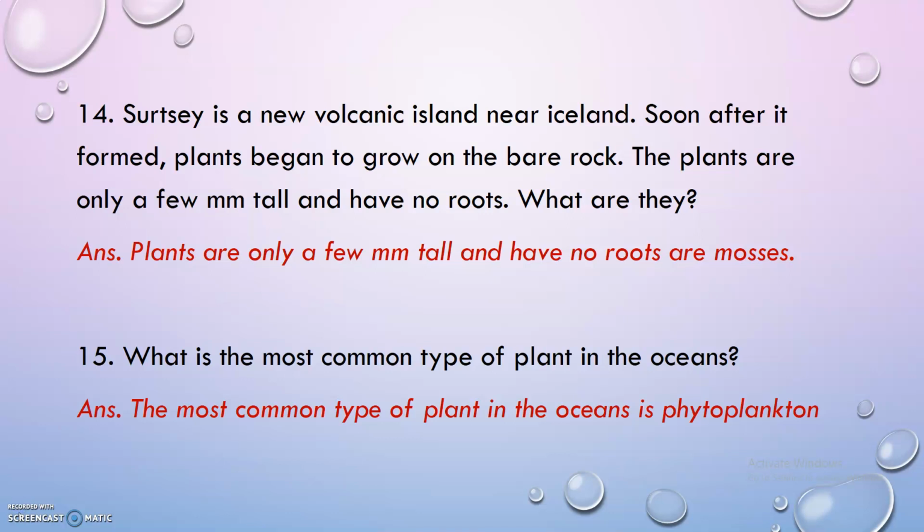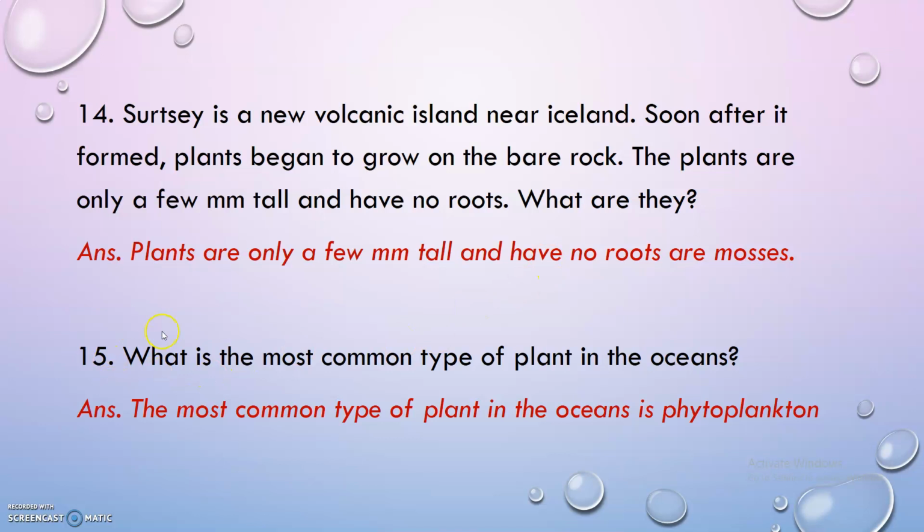Surtsey is a new volcanic island near Iceland. Soon after it formed, plants began to grow on the bare rock. The plants are only a few millimeters tall and have no roots. What are they? If they have no roots, it's very easy to identify them, right? Plants that are only a few millimeters tall and have no roots are basically mosses.